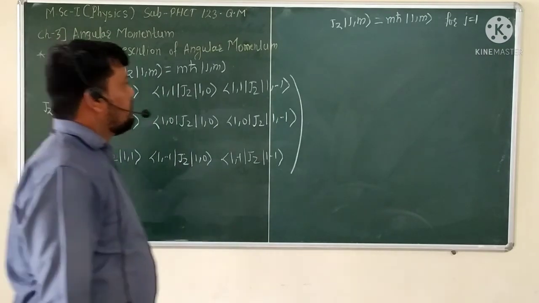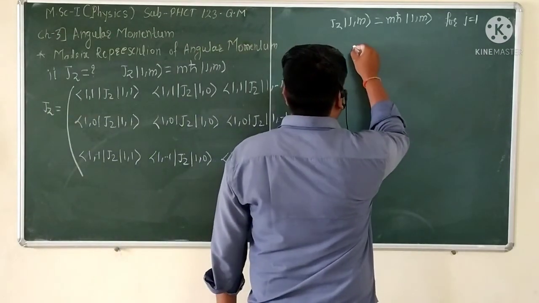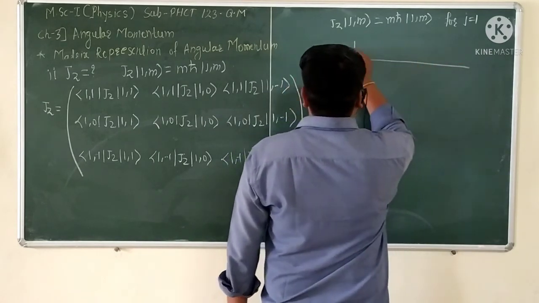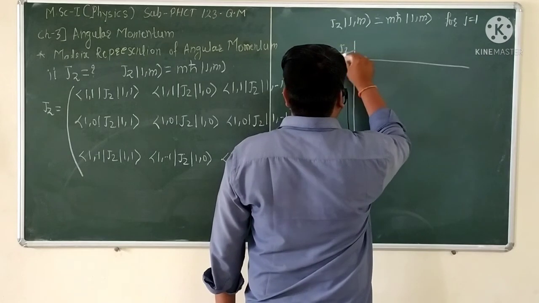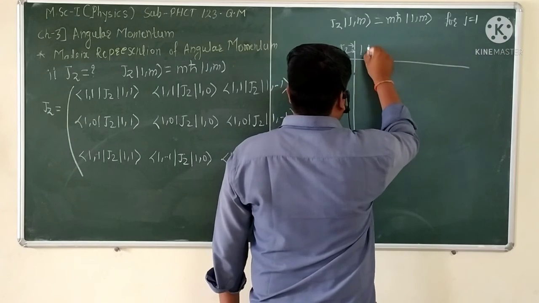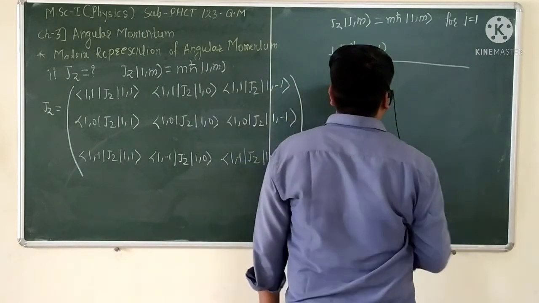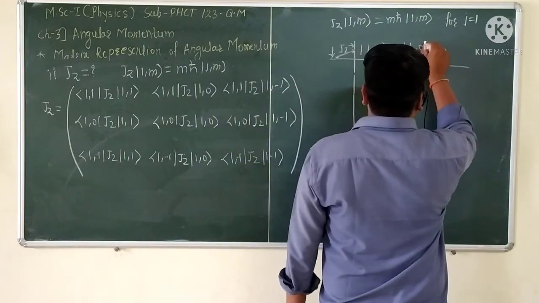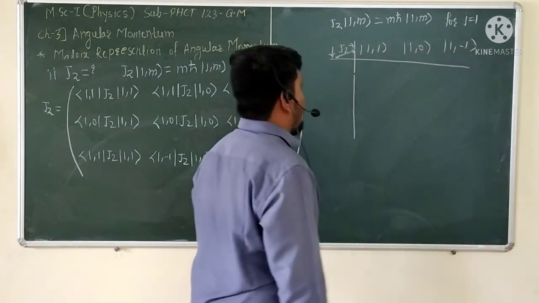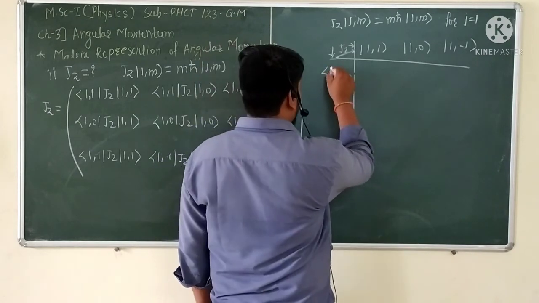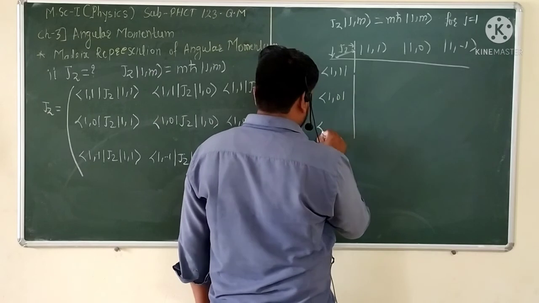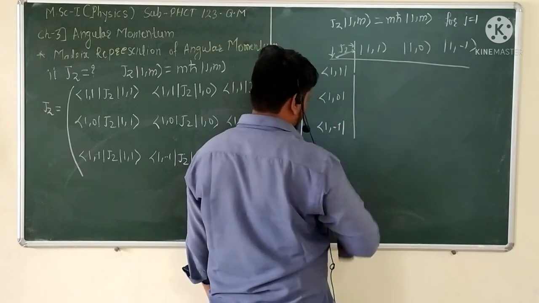Okay, and if we see the matrix representation of this, with kets |1,1>, |1,0>, and |1,-1>, and again the bras <1,1|, <1,0|, and <1,-1|.